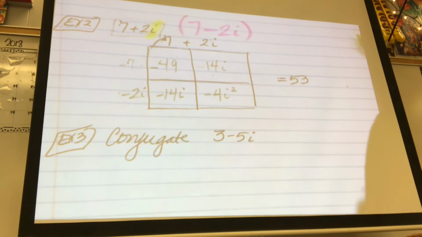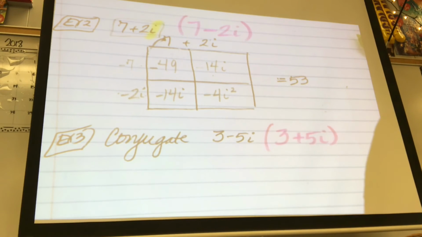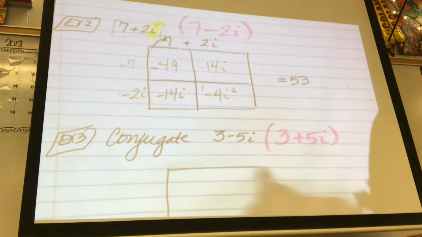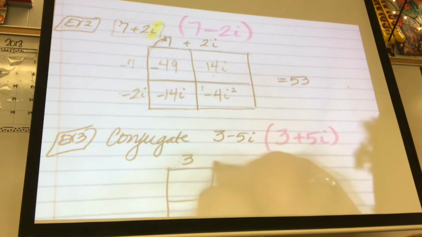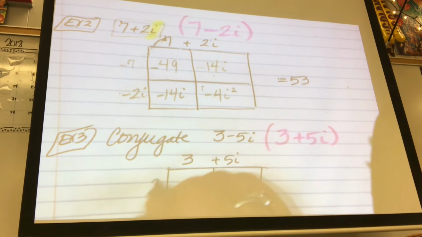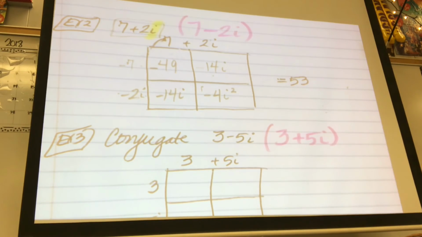So the conjugate is 3 plus 5i. Are you convinced of that? So this is what I need you to do. Draw me the area model and prove to me that the i's go away by multiplying 3 plus 5i and 3 minus 5i. Make sure you do it right.